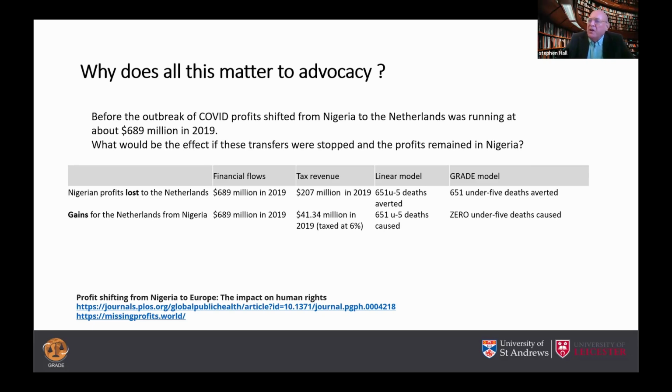And so the question is, what would happen if that 689 million was actually given back to Nigeria and they were allowed to tax it themselves? The actual financial flows, of course, are exactly equal to each other.